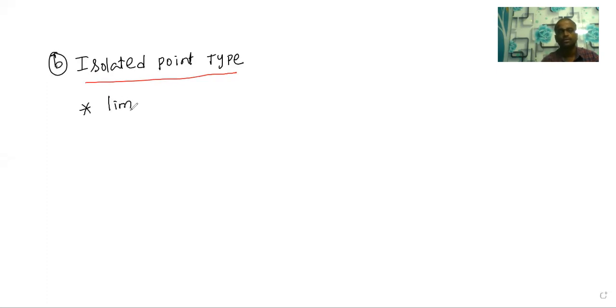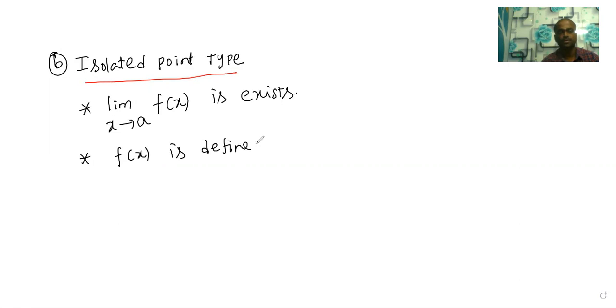That means the limit of the function at a exists, the limit of f of x exists. And the second condition is that the function f of x is defined at x equal to a, that means f of a is some finite number. And here also the limit exists and is finite.